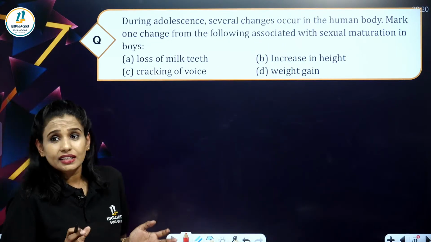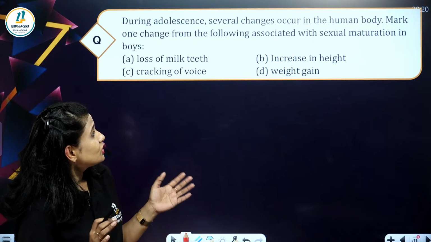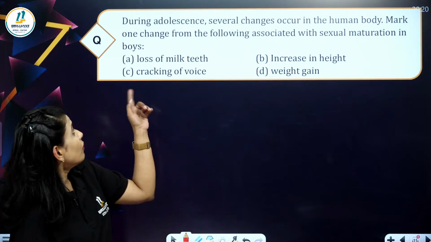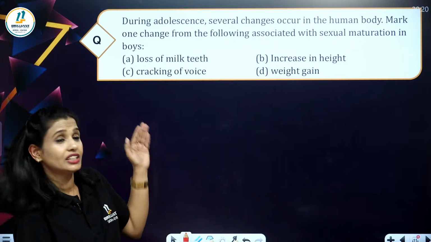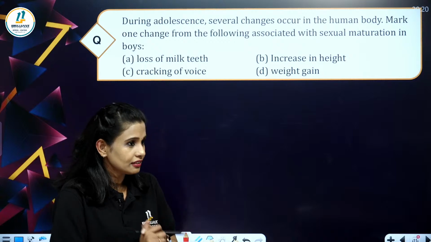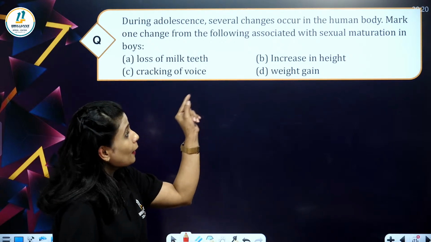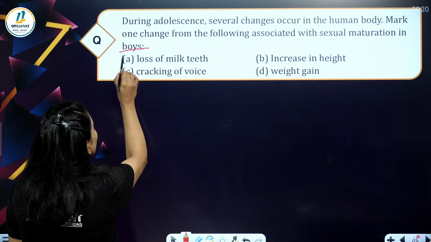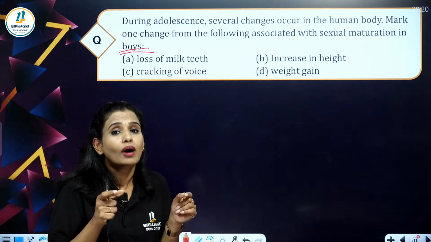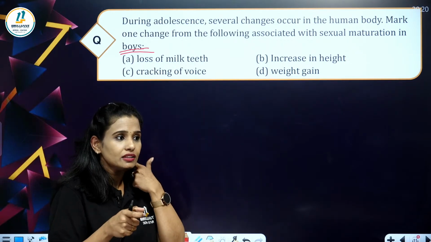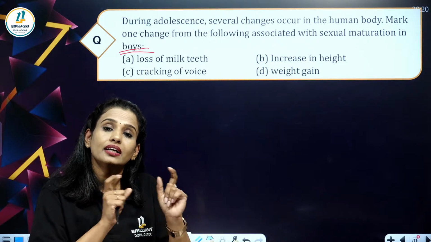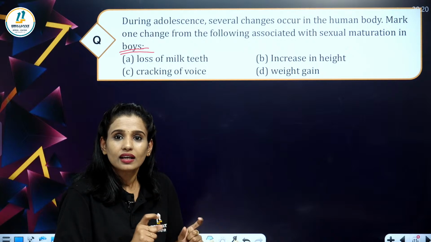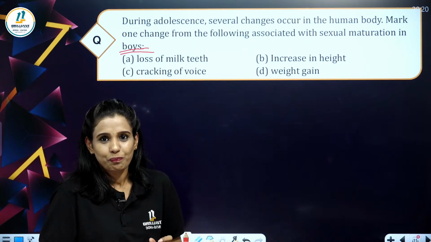During adolescence, several changes occur in the human body. Mark the change from the following associated with sexual maturation in boys. You have to mark the special change that occurs during sexual maturation in boys during the stage of adolescence.